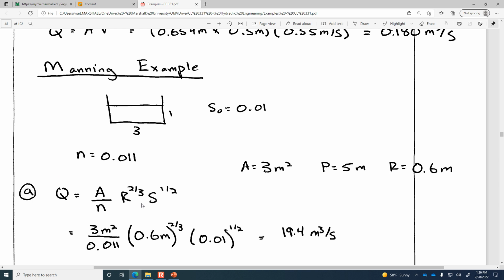Now, here I've written the Manning's equation a little bit differently than I did on the whiteboard. But R, hydraulic radius, the definition of R is area divided by wetted perimeter. So the reason why I think that this maybe is a little bit better is in this way that I've written it on the screen.